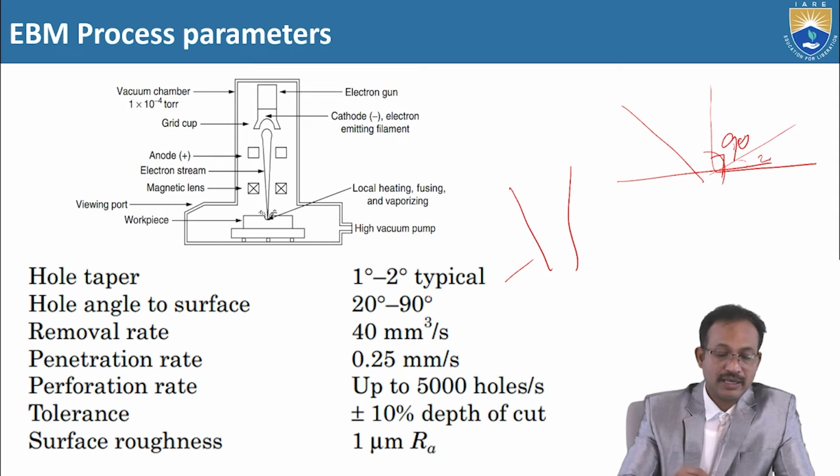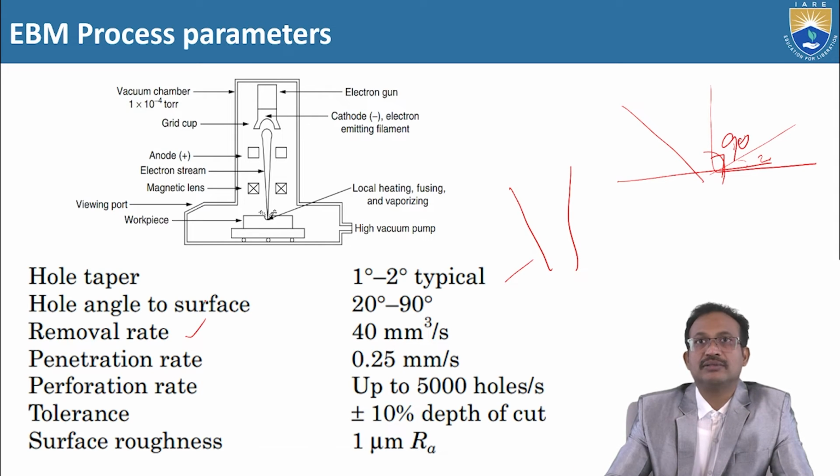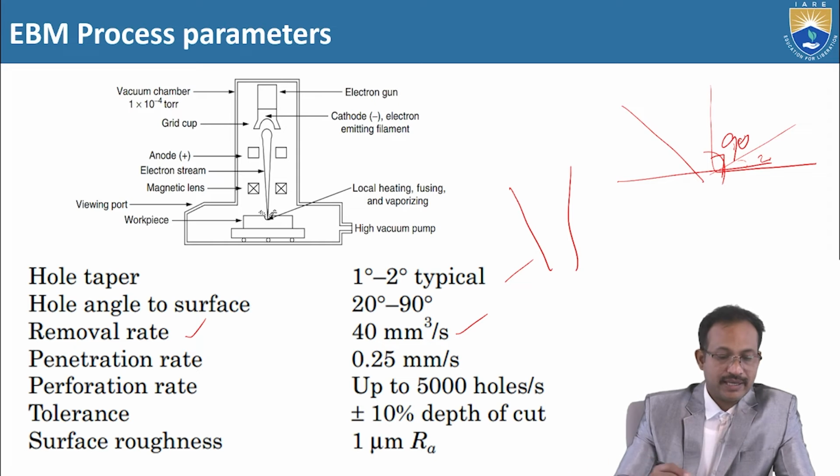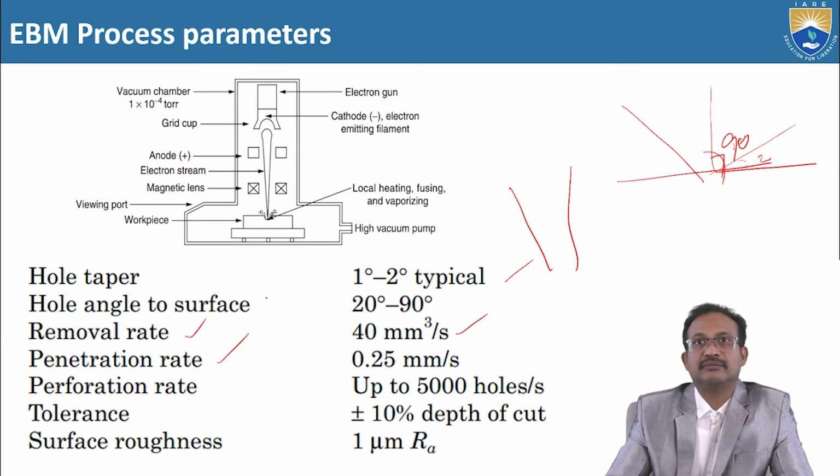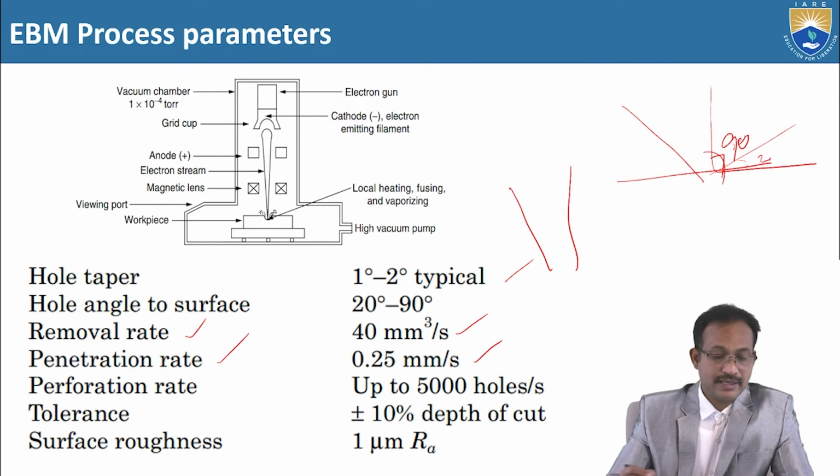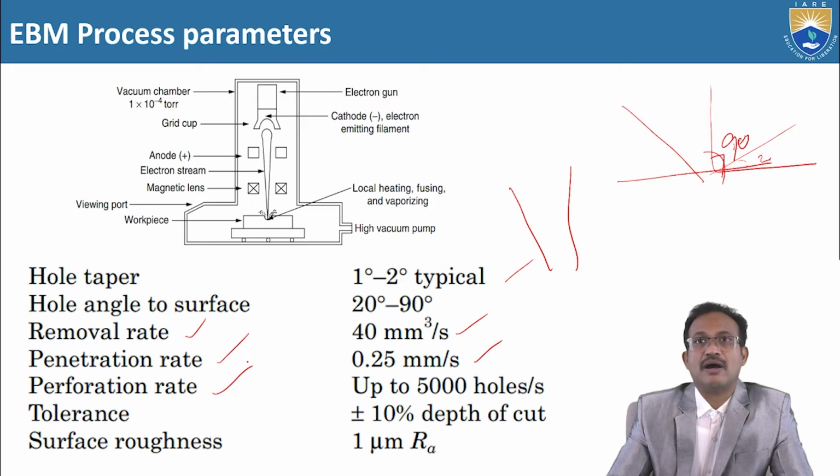Next, removal rate, 40 mm cube per second, so the volume removal rate is 40 mm cube per second. Penetration rate, 0.25 mm per second. Performance rate is up to 5000 holes per second, so the electron beam machine can make 5000 holes per second.